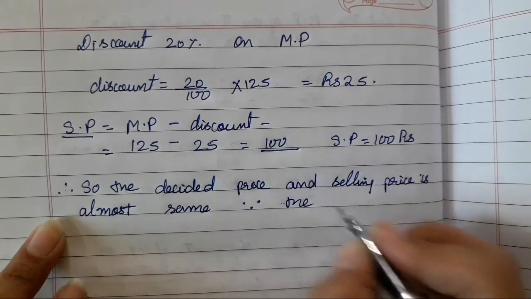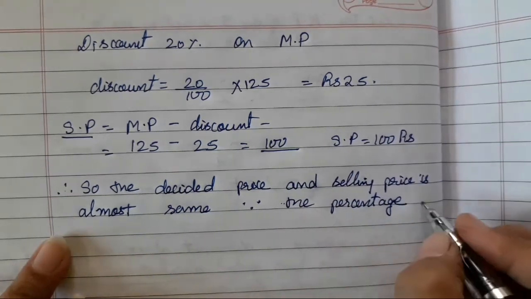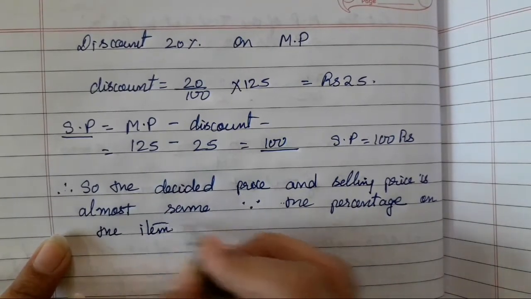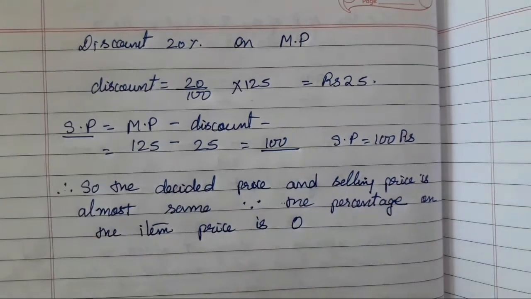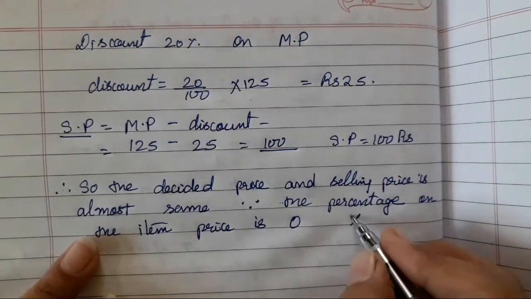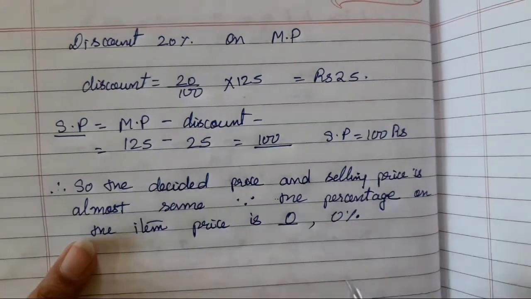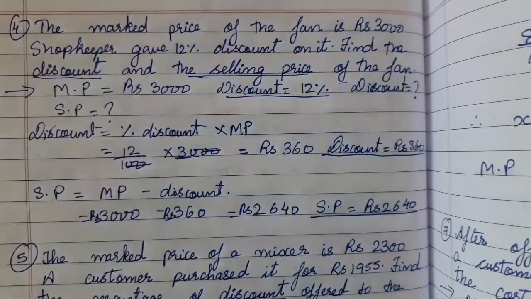The percentage change on the item price is 0 rupees. So 0 rupees means 0% also. Okay, I hope everyone has understood this question and the exercise is clear to you all.